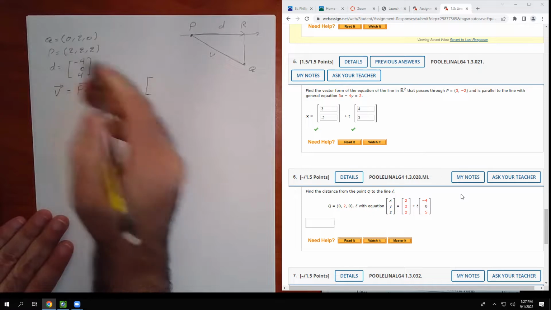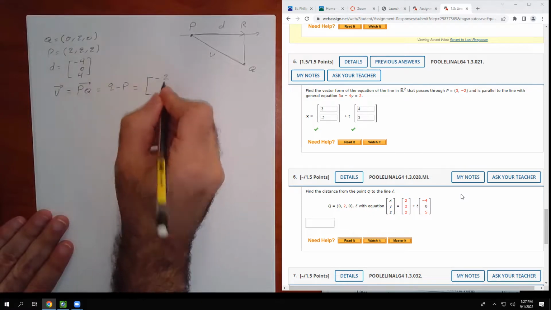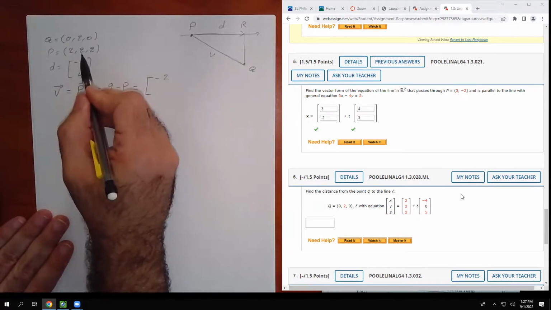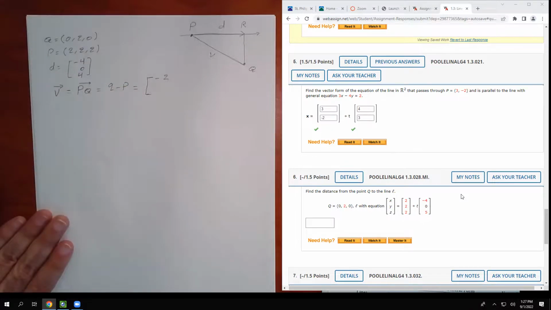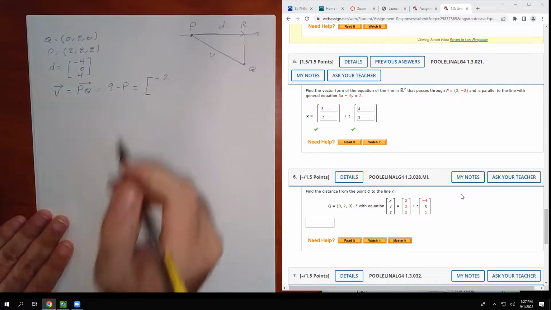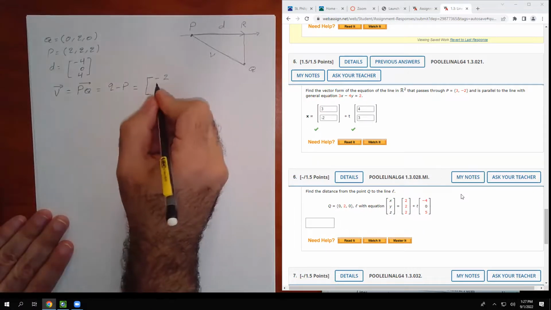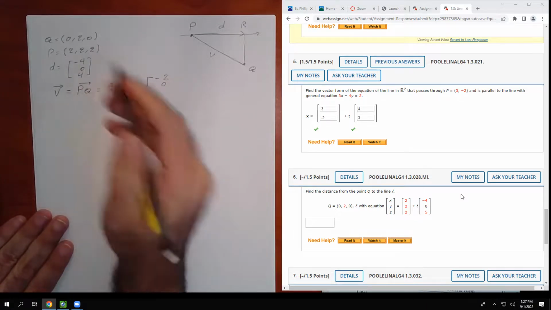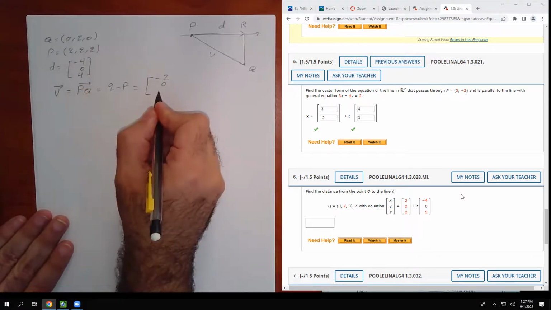That means 0 minus 2 is going to be -2. And 2 minus 2 is 0. And 0 minus 2 is going to be also -2.